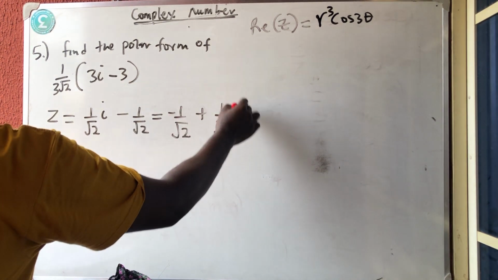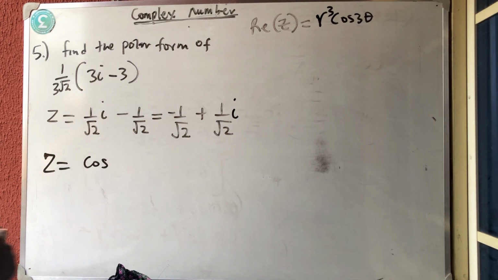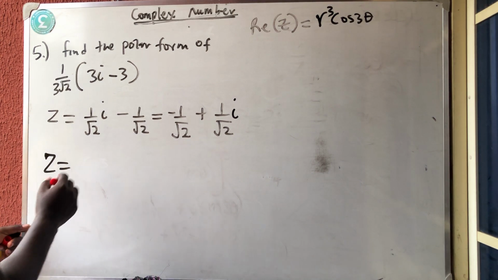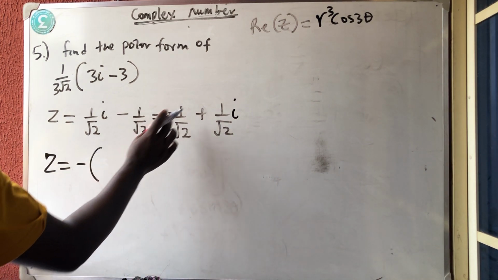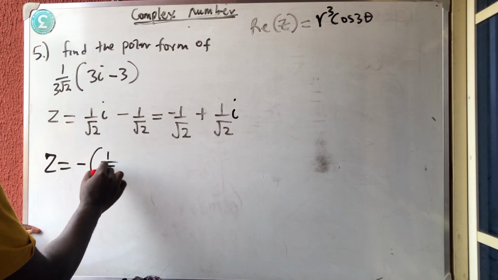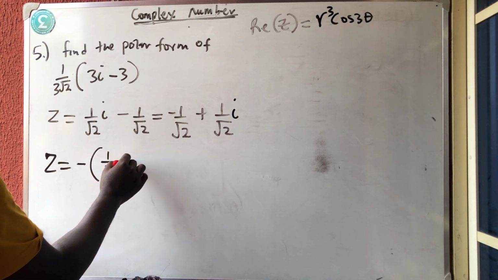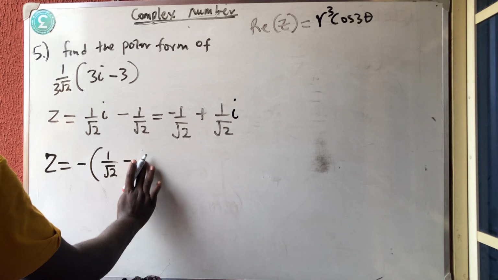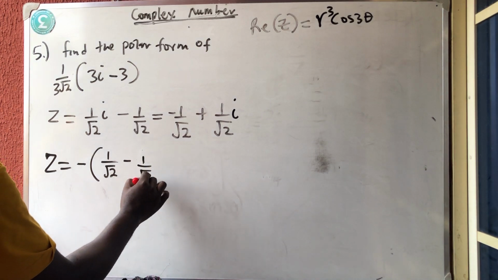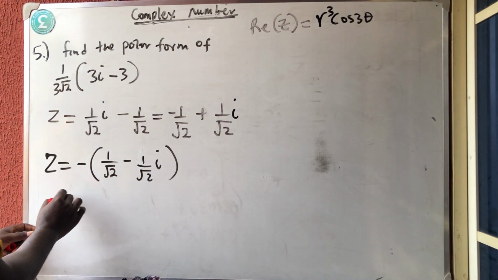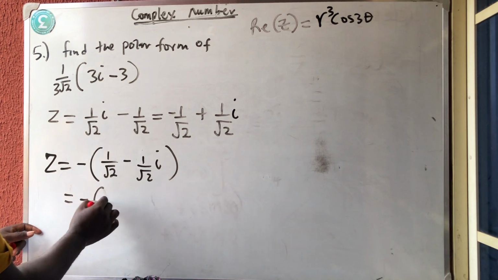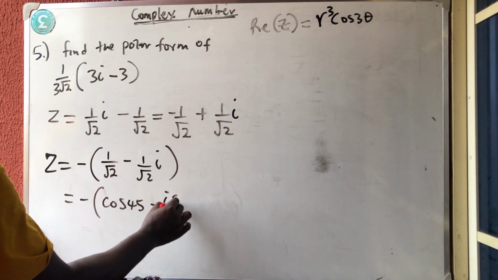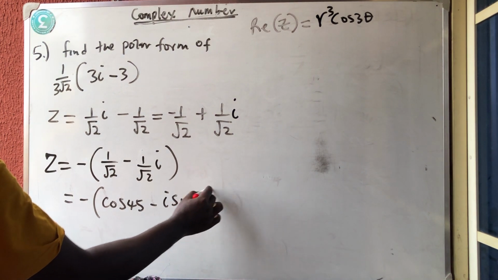But cos is an even function, so I cannot have minus there. So let me bring out minus. I'll have minus bracket 1 over root 2 minus i 1 over root 2, which is cos 45 minus i sin 45.